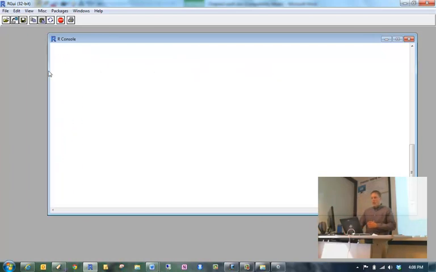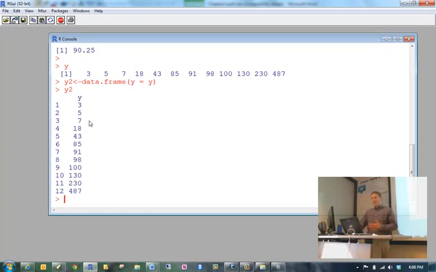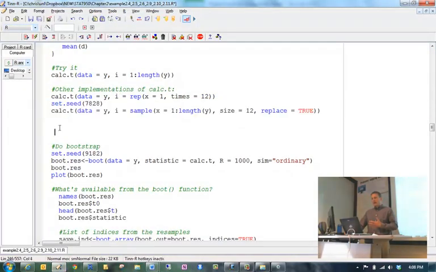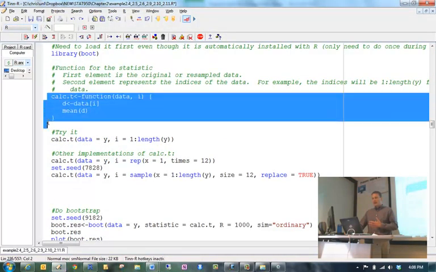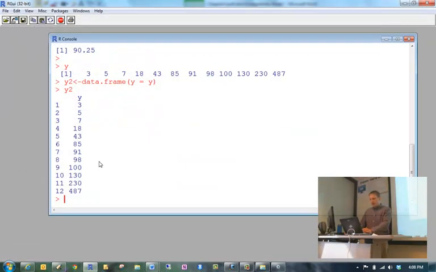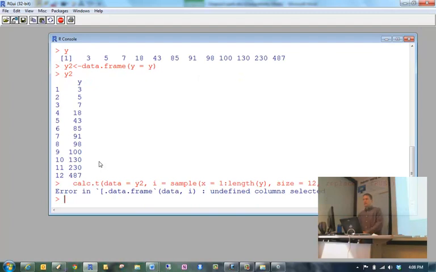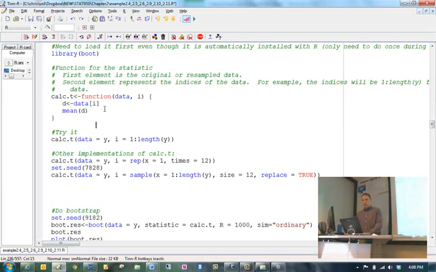Now, what adjustment do I need to make to my calc.t function so that it works? Because if I were to simply implement calc.t with y2, look what happens. Error. What adjustment do I need to make to this function to get it to work?